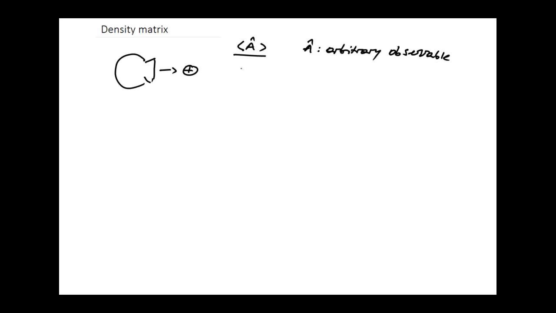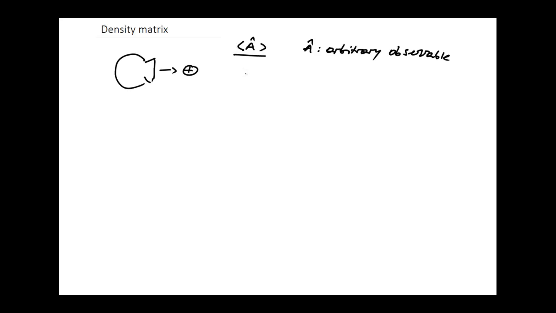And here is how the concept of a density matrix arises. Let me sketch again the two scenarios. So the first scenario where I emit a superposition state. When I calculate the expectation value of an arbitrary observable A, what do I do in the first case?